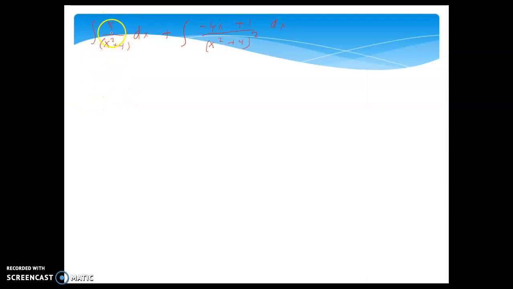The first one gives me 1/2 ln of x squared plus 4.